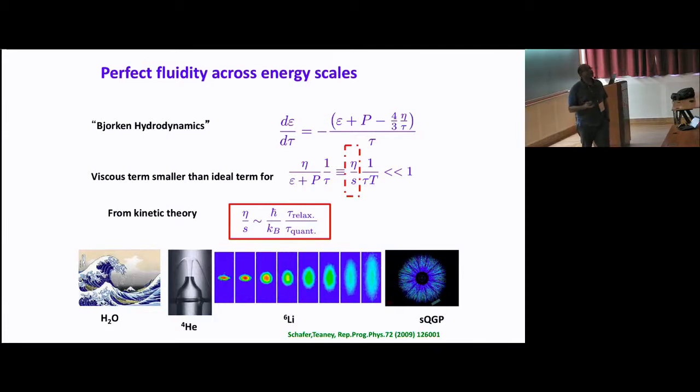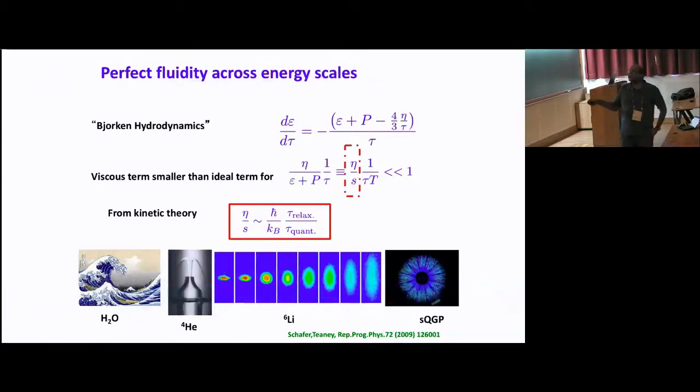Now, in the early universe, this is quite different. In the early universe quark-gluon plasma, eta over s is almost irrelevant. The reason is that the size of the system relative to the temperature is completely different, on the order of 19 orders of magnitude or so.